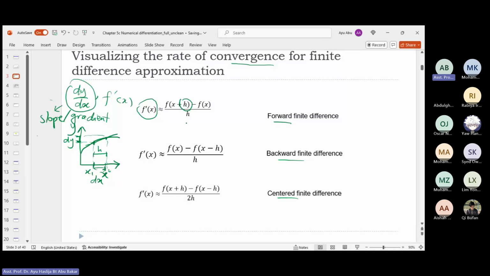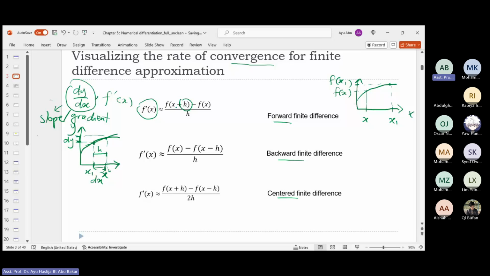Forward means it moves forward. You have x, x1. This is your f(x), this is your f(x1).